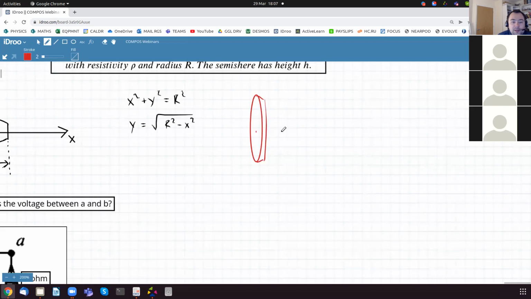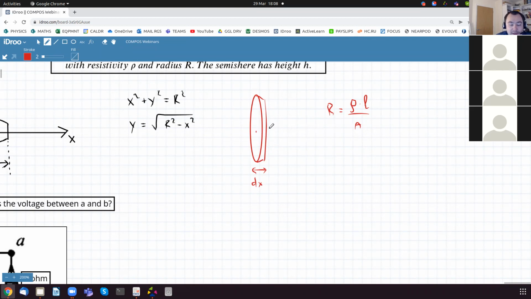Okay, so to find the resistance of this piece, we need the resistivity, of course. We need the length of this piece, and we divide by the area. So the length, we will use dx for the length. dx is the length of the slab. So we're slicing it into very thin pieces, infinitely thin, in fact.